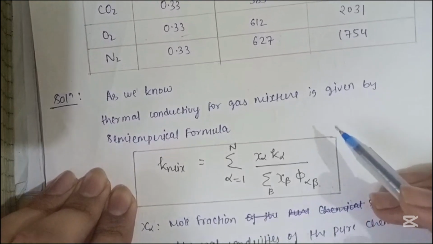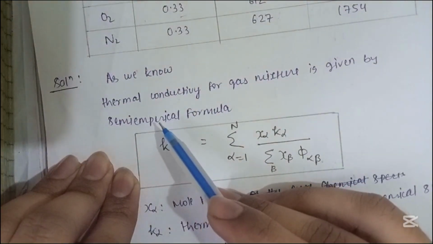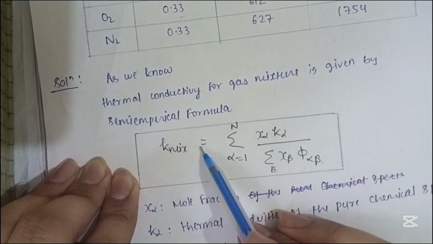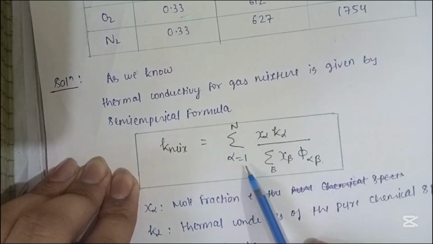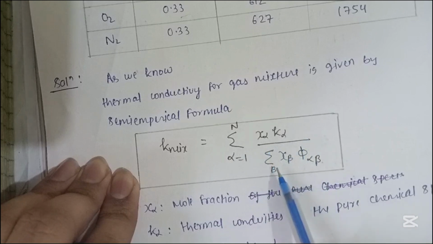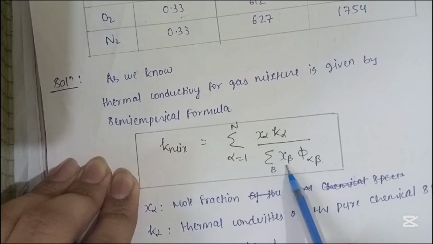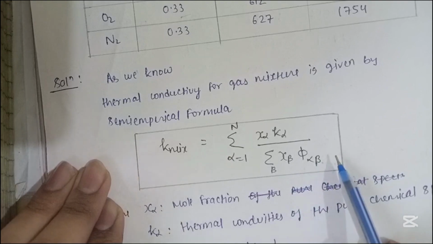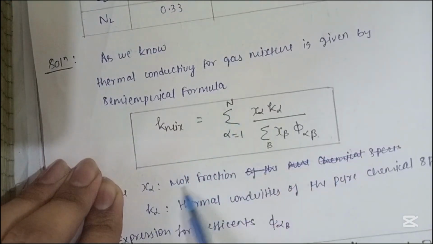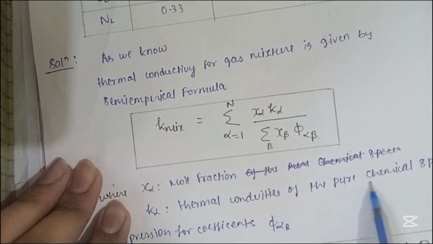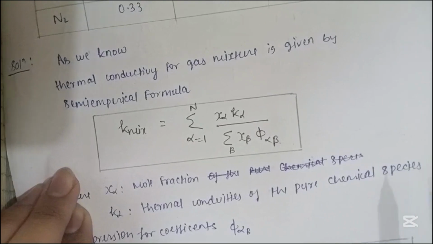The semi-empirical formula for calculating thermal conductivity for a gaseous mixture is K mixture equals the sum from alpha equals 1 to n of x alpha into K alpha, upon the sum over beta up to the nth species of x beta into phi alpha beta. Here x alpha is the mole fraction, and K alpha is the thermal conductivity of the pure chemical species.